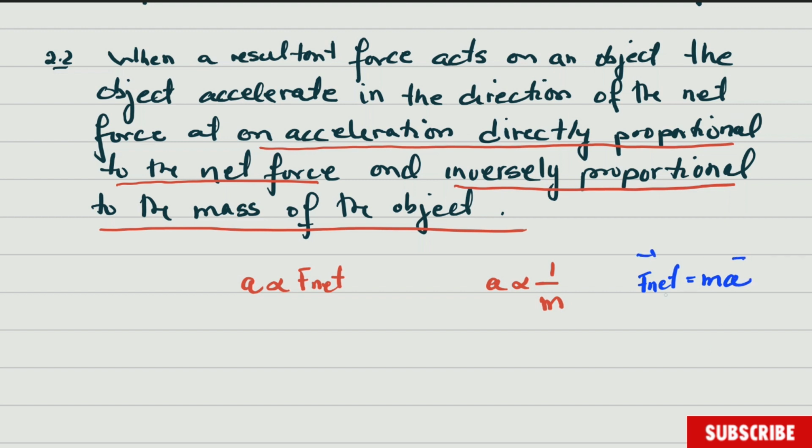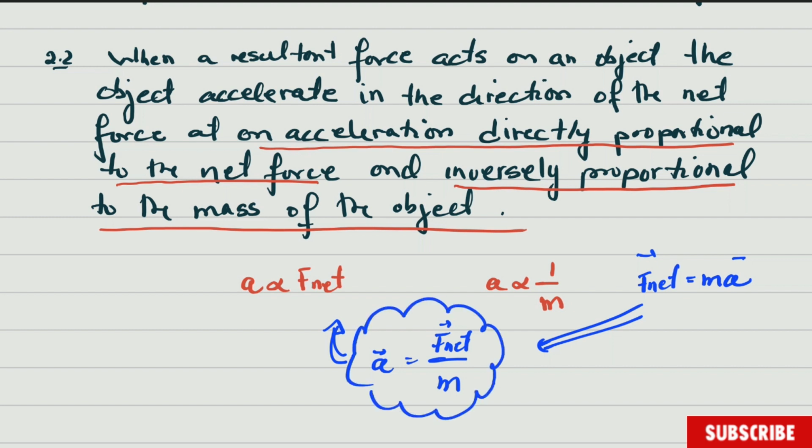If from here you rearrange to calculate acceleration, then we'll get that the acceleration is equal to F net divided by mass. And from here, guys, we can deduce that law. The formula is given to you so you can use it to remember the law if you think you are going to forget. The acceleration is directly proportional to the F net and inversely proportional to the mass.